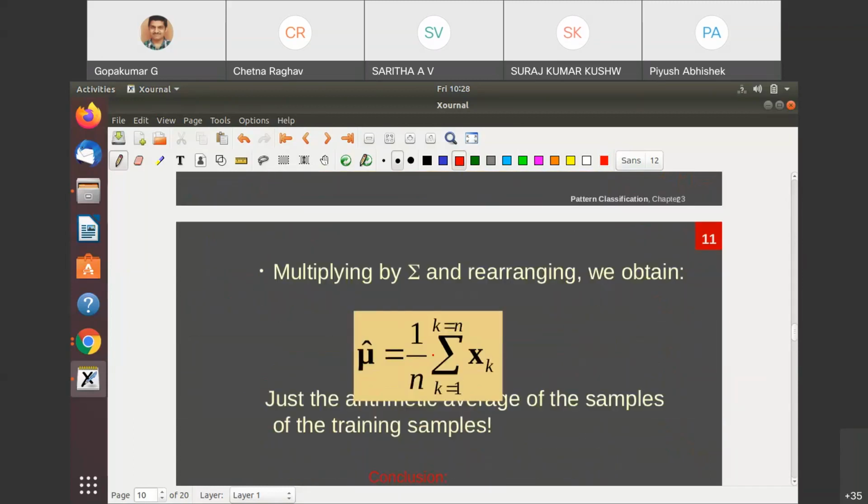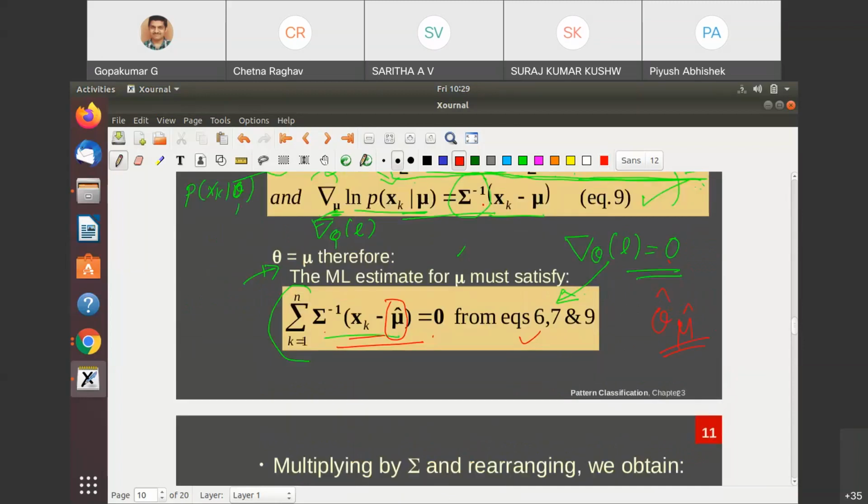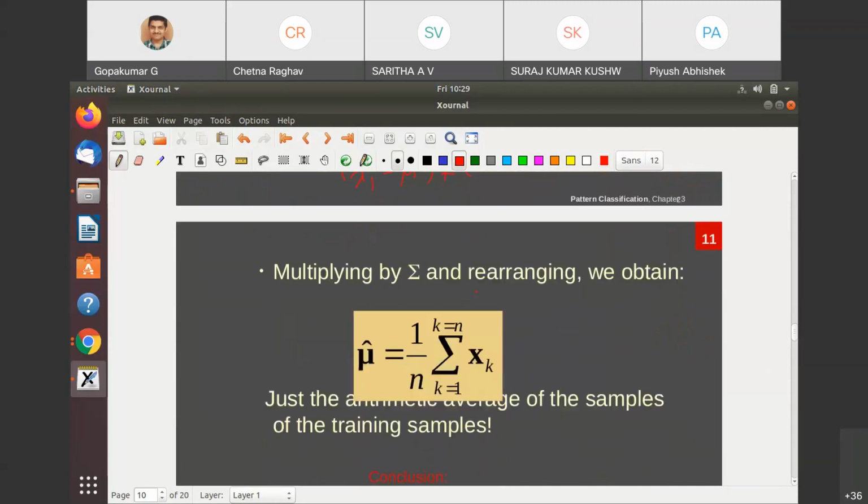Then for the previous equation, suppose we multiply sigma on both sides, so that sigma into sigma inverse cancels, and the remaining thing is x1 minus mu cap plus x2 minus mu cap, etc. While rearranging, you will get mu cap as 1 by n into the sum over k equal to 1 to n of xk.